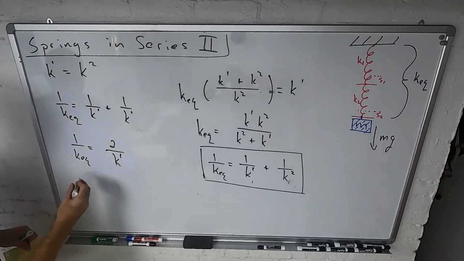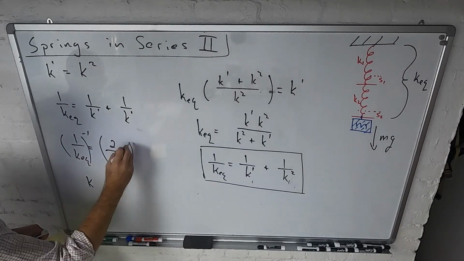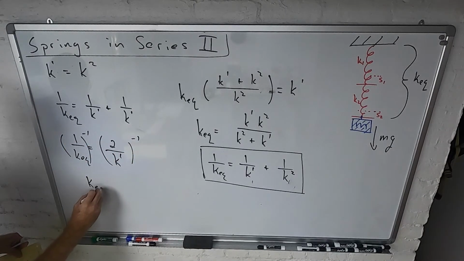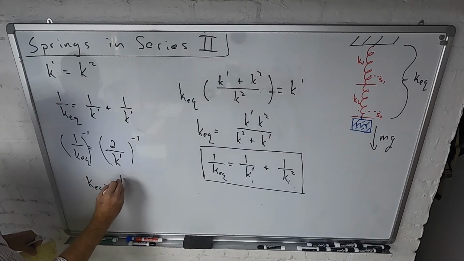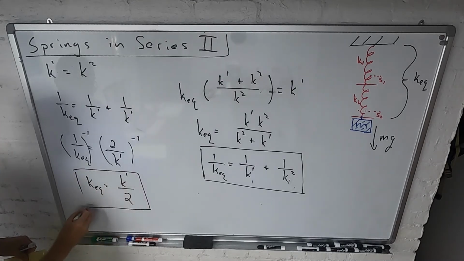If I take the inverse of this, K equivalent is equal to K1 over 2, which is what we found before.